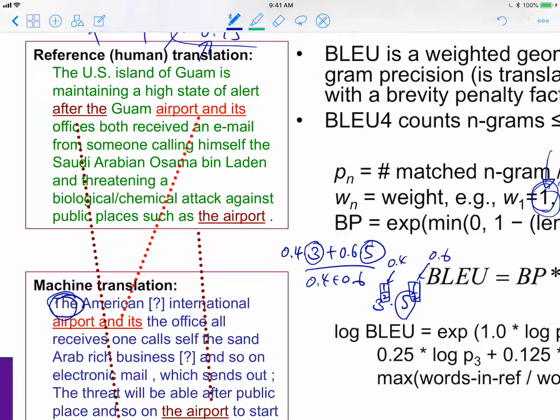If it is included in the reference, it is considered a correct output. "American" is not here, so it is counted as 0. And so we basically compute the average, or the mean value, of these 1s and 0s.